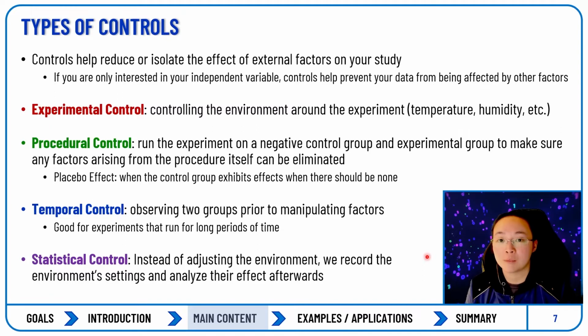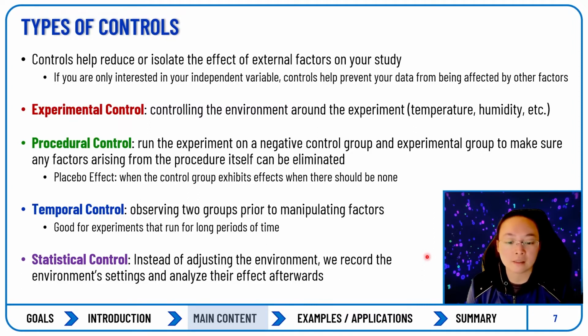And if they do exhibit an effect, it's called the placebo effect. Those effects can be removed from the treatment group so that you can see exactly what the drug will do to the patient. So in many cases, you do want to run a negative control group and an experimental group to make sure any factors arising from the procedure itself can be eliminated.